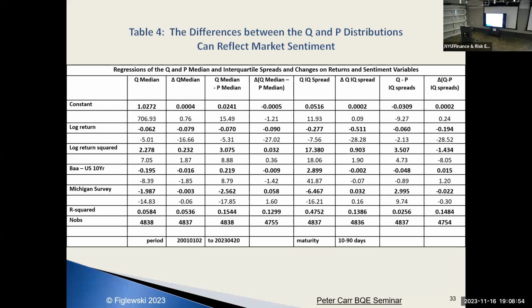Okay, thank you. And my second question is, how do you define the Q and P spread? Is it defined at a specific point, or is it the overall spread?